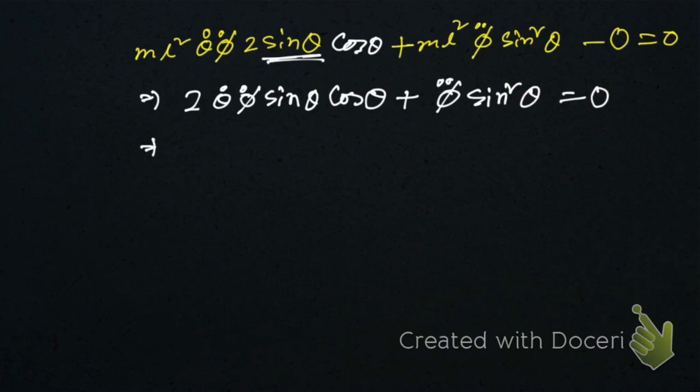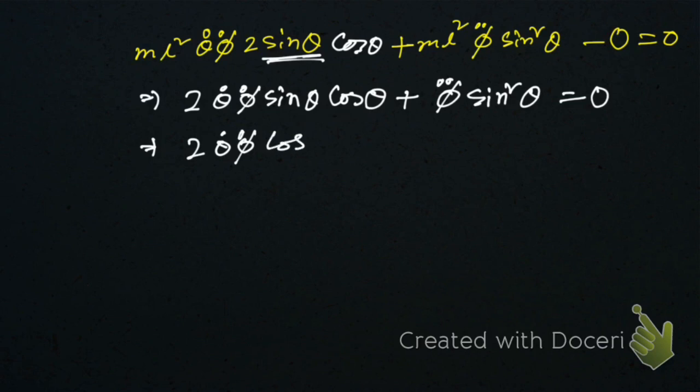Then let me divide both sides by sine square theta, not sine theta whole square. If you divide by sine square theta, then you will get sine theta into cos theta, so sine theta will be cancelled, and cos by sine will be cot theta.